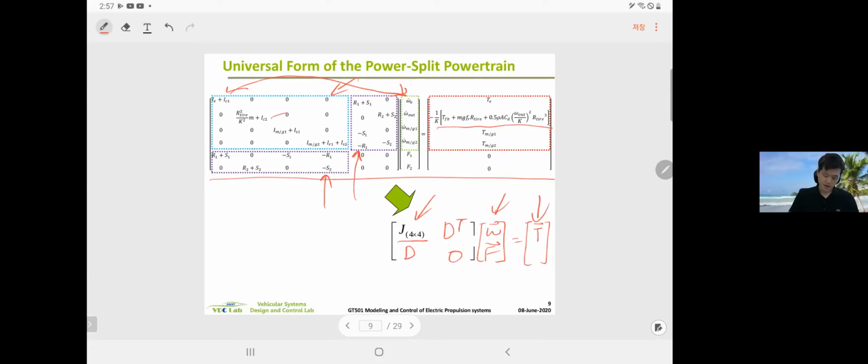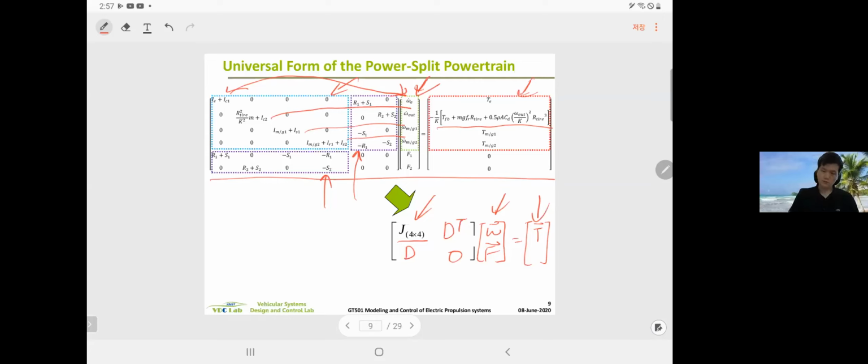And vehicle mass is coupled with output speed, mg1, mg2, right? So this is easy to match. So once you fix the J matrix, you can identify omega and torque, or vice versa. You can start from omega, or you can start from torque, and then you can identify the other vector and matrix, okay?